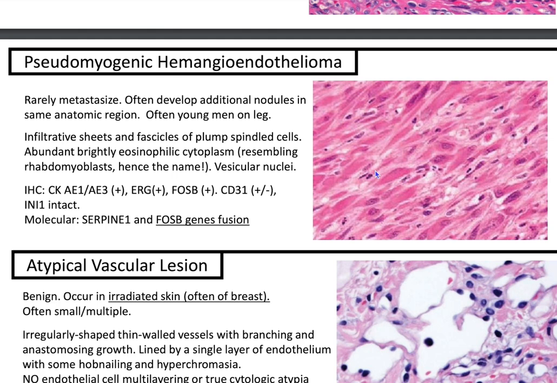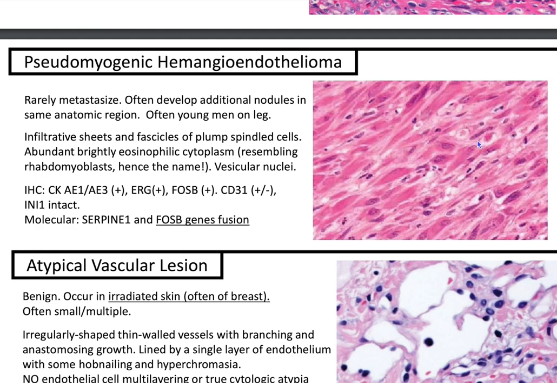Pseudomyogenic hemangioendothelioma. These are rarely metastasized. They often develop additional nodules in the same anatomic region, often in young men on the leg. Histologically, you'll see infiltrative sheets and fascicles of plump spindled cells. You'll have abundant, brightly eosinophilic cytoplasm resembling rhabdomyoblasts, hence the name pseudomyogenic hemangioendothelioma.